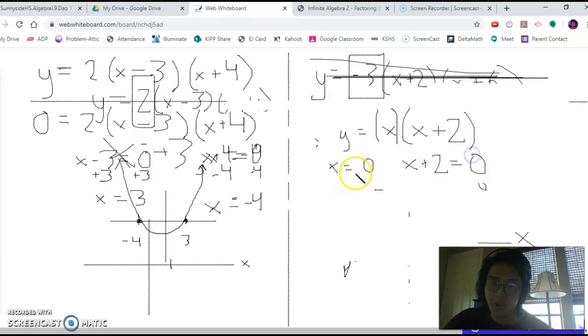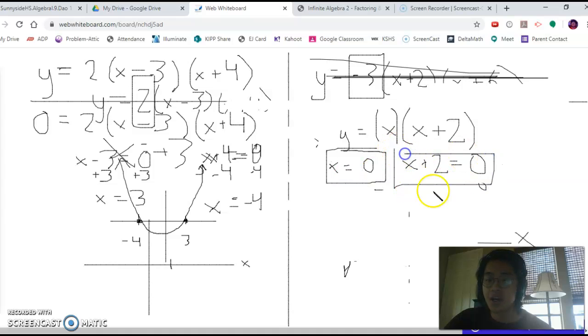So, do we have to do anything to solve for x? I believe x is already by itself, so we actually don't. Here, we still don't have x by itself. We have a positive 2. Opposite of positive is minus, so we're going to subtract 2 from each side. We have -2.